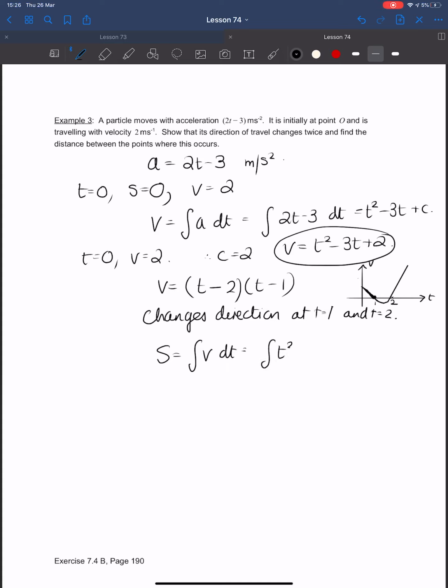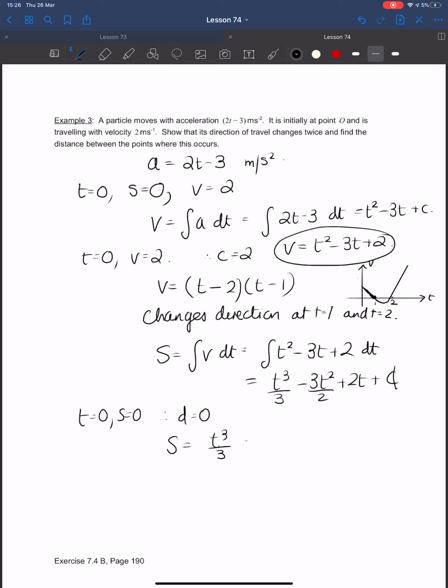So it's the integral of t squared minus 3t plus 2 dt, which is t, add 1 to the power, divide by the new power, plus a different constant from the c up there. And what we've got here, t equals 0, s equals 0, so therefore d is 0. So s is t cubed over 3, minus 3t squared over 2, plus 2t.